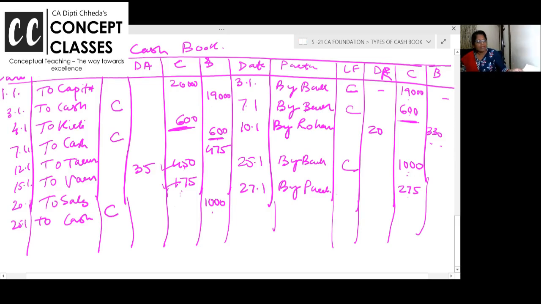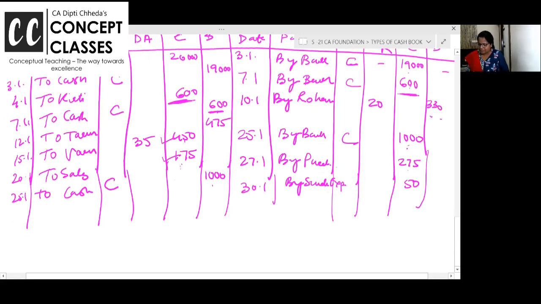Purchase account debit, cash account credit. Same for sundry expenses: 50 rupees, cash is going out. Sundry expenses debit. If you want, I'll repeat all the entries.